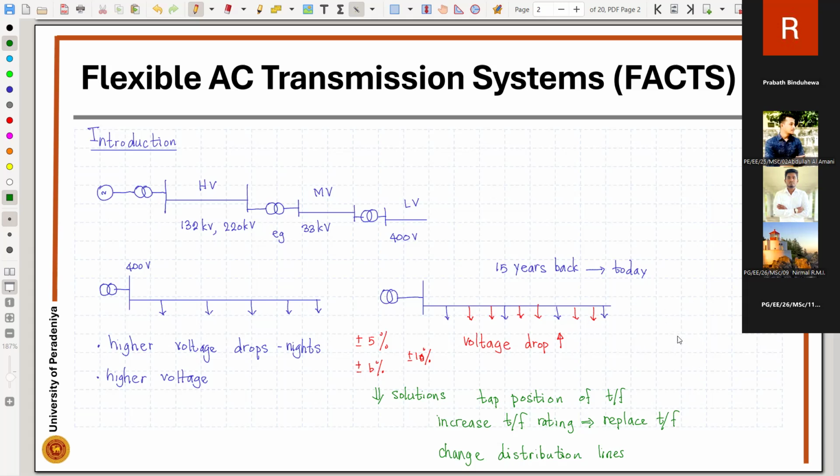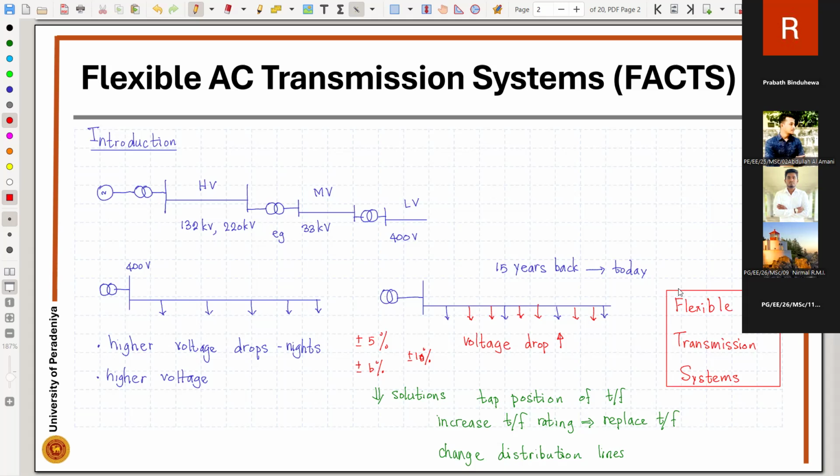So one solution is flexible AC transmission systems. So that's why we are learning this component, flexible AC transmission system.